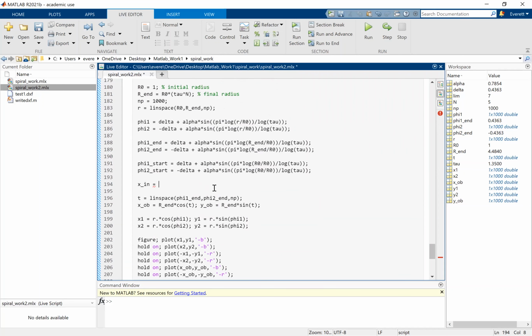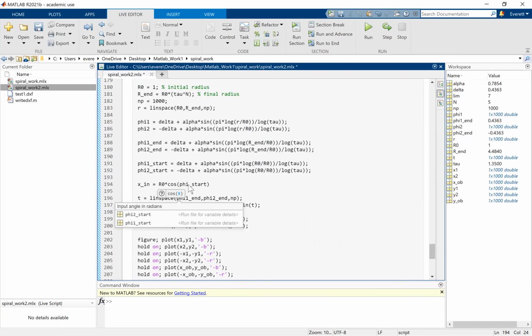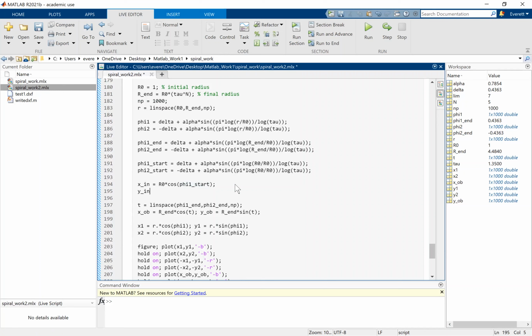All right, so we want to do X_inner_bound. X_inner_bound equals R naught times cosine of phi1_start. So this is phi 1. Then we'll do Y_inner_bound equals R naught times sine of phi1_start.